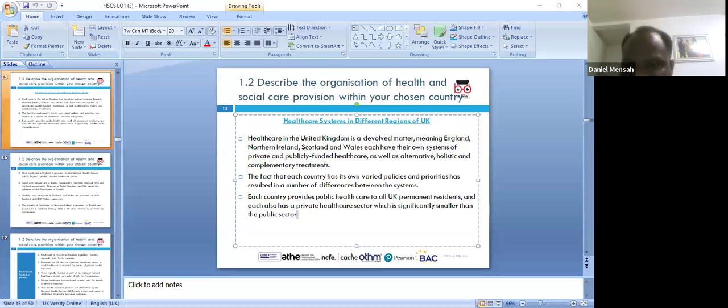So let's look into the healthcare system in different regions of the UK. As I clearly underscored, there are 2 functions within healthcare provision. One is the public funding, which anybody who has the right to stay in the UK will definitely enjoy. That's what we know as the NHS, free funding for every single person who has what it takes.